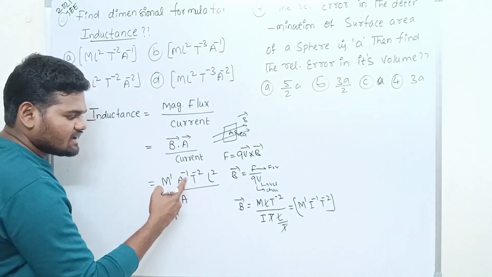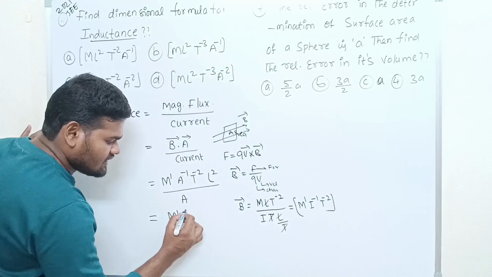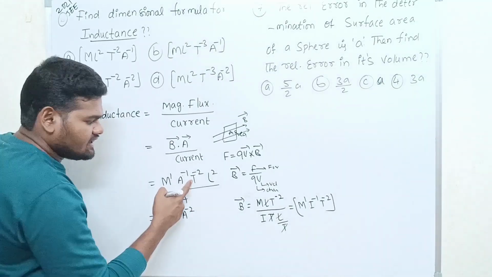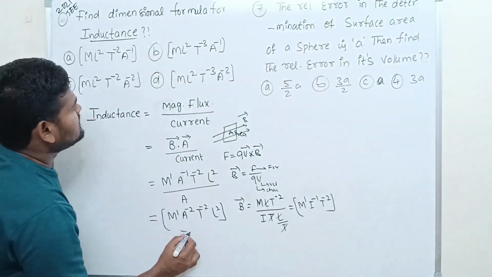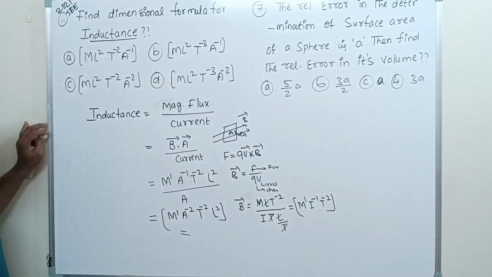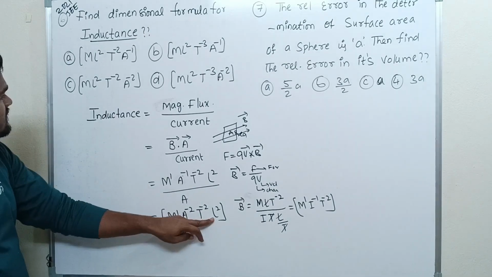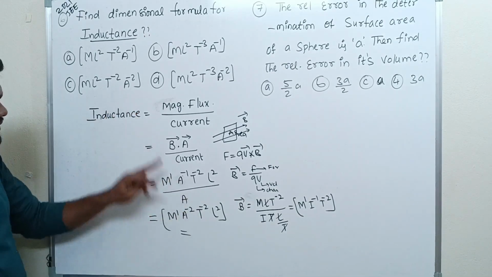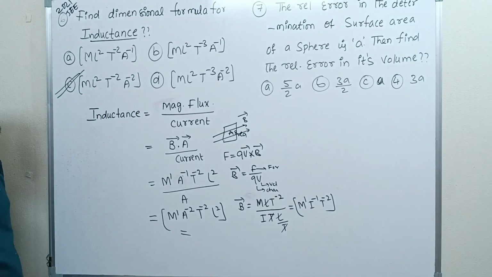A comes to the numerator, and already A power minus 1 is there, so it becomes A power minus 2. T power minus 2 is there, and L square is there. So the selected answer is M power 1, L square, T power minus 2, A power minus 2. So the option is C. C is the correct answer.